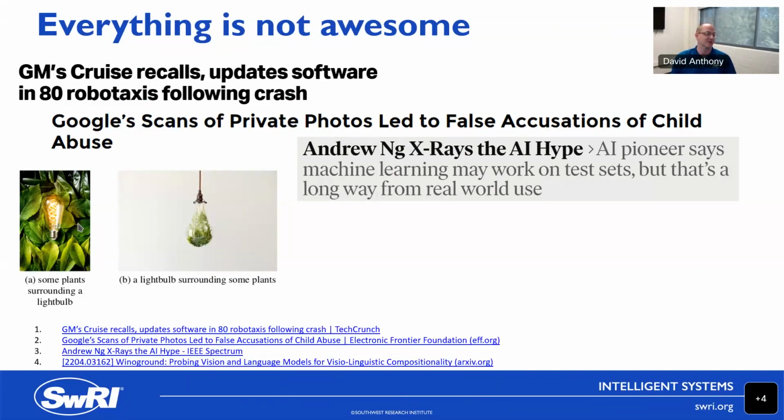The EFF noted that we've had some incidents of Google accidentally flagging photos as being illegal content. And then Andrew Ng, who led that study that produced that pneumonia picture in the previous slide, from that very same paper, he said, hey, this works great on test sets, but it's failing in the real world.